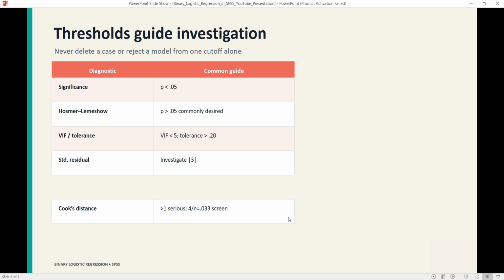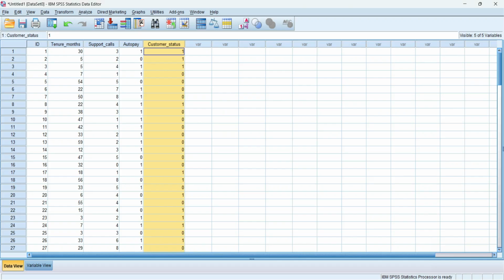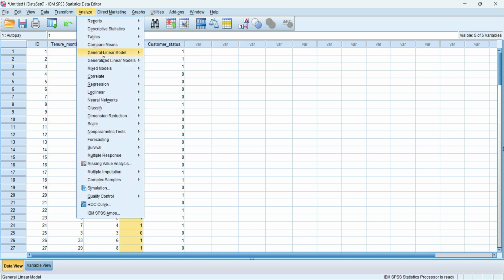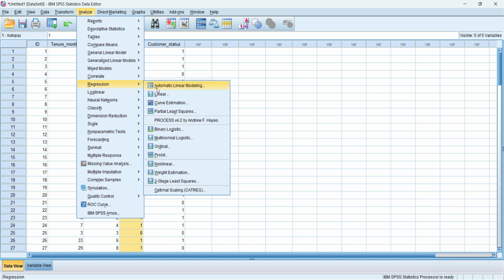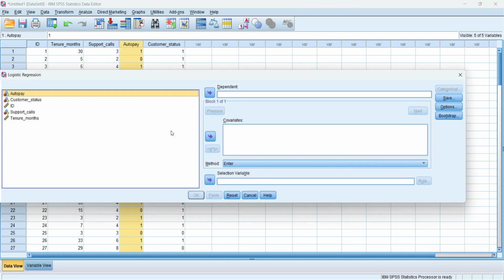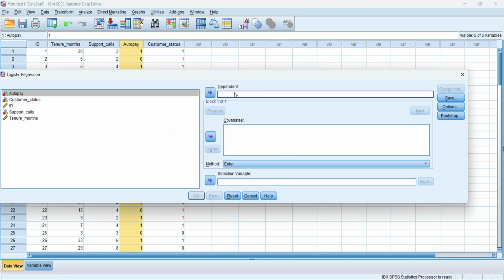So now we perform the binary logistic regression in SPSS with two continuous independent variables and one dichotomous independent variable. We go to Analyze, click on Regression, and go to Binary Logistic Regression. Here is the dependent box.